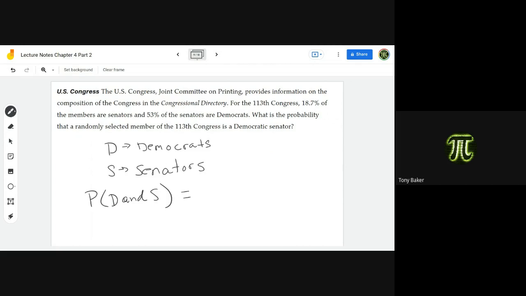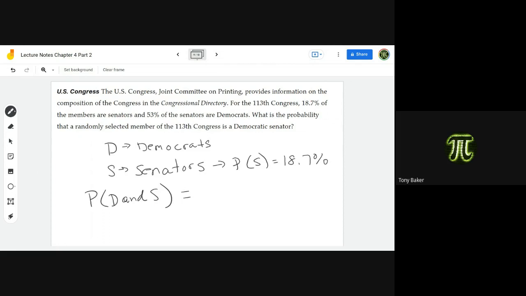Now, what did they give us? So we know that the probability of the senators is 18.7%, right? Now, 53% of the senators are Democrats. So is that the number of Democrats?